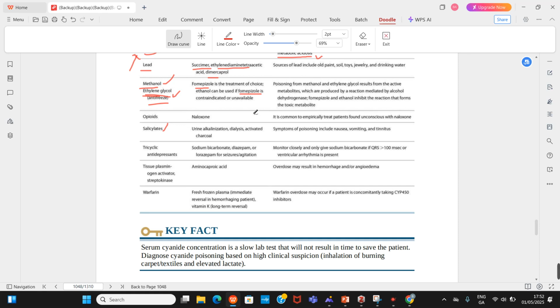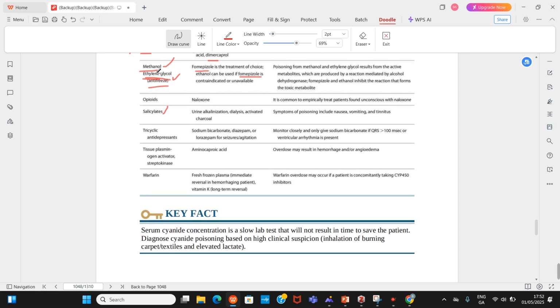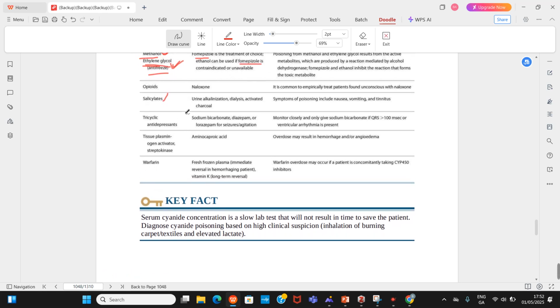We can still work with that, rather than the toxic metabolite of methanol oxidation or ethylene glycol oxidation. So don't forget blindness and metabolic acidosis for methanol, and metabolic acidosis and stone formation, calcium oxalate stone for ethylene glycol. Very, very important stuff.